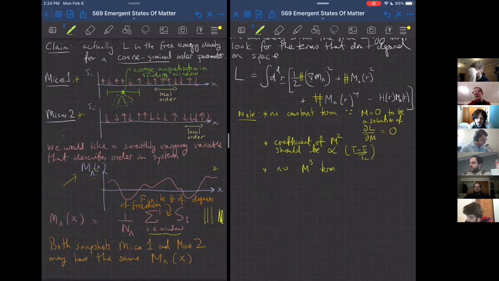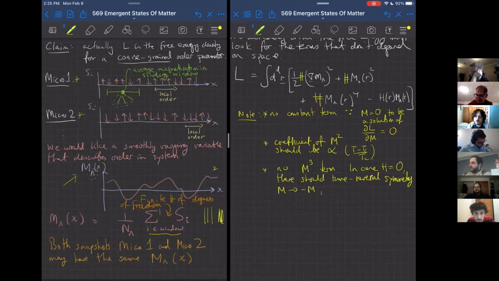And the reason that there's no m cubed term is that we know that in the case that the external magnetic field is equal to 0, there should be time reversal symmetry. Meaning that if I replace m by minus m, the free energy should be the same.